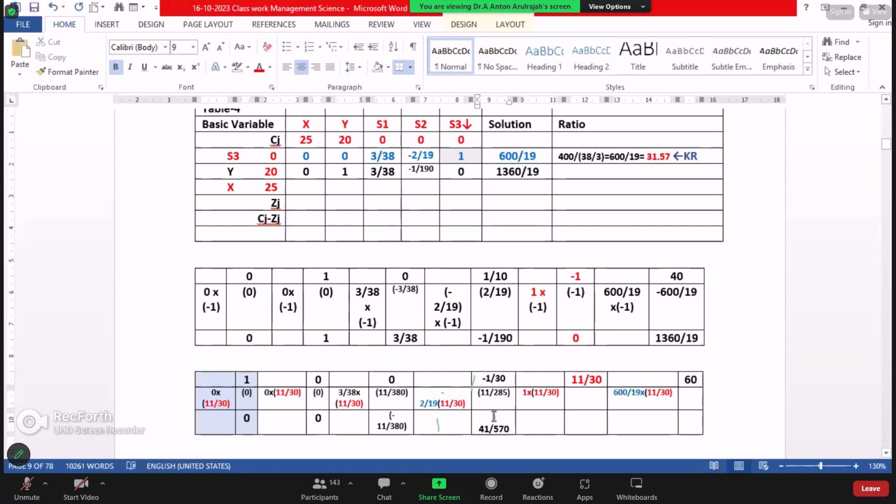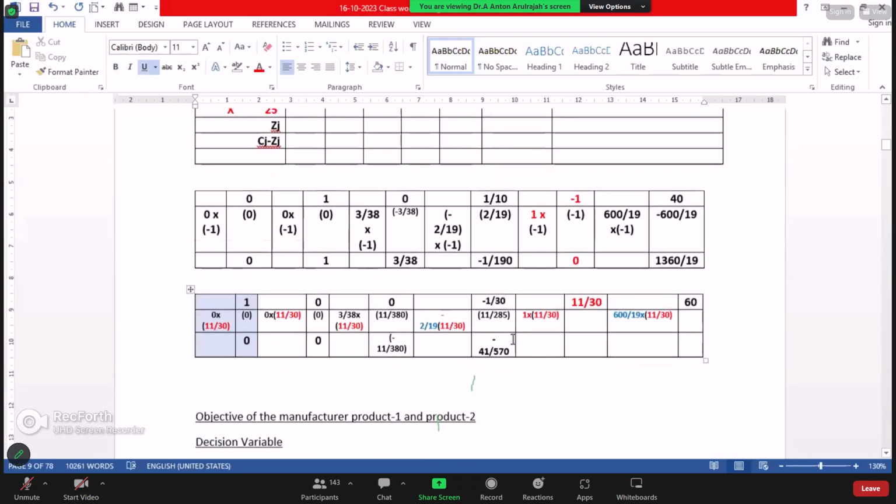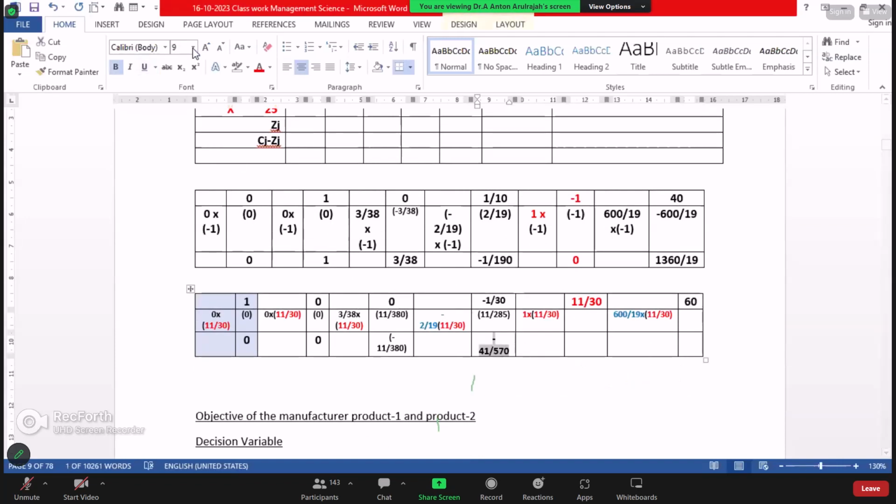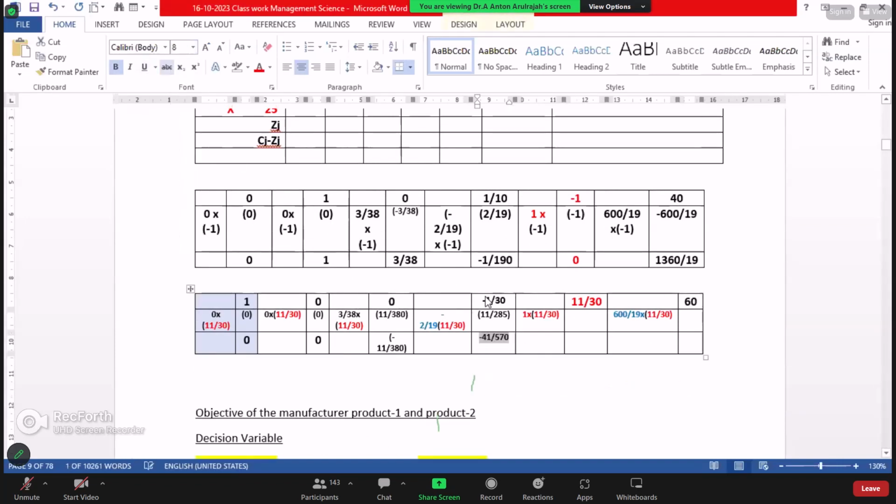Now take the minus values. Then this one, same things, right? 11 by 30, then that is 0. Okay, then the next one, last one, 619 multiplied by 1 by 30.